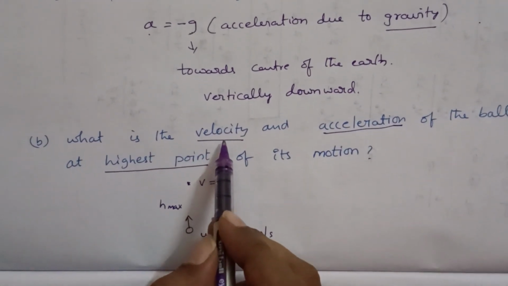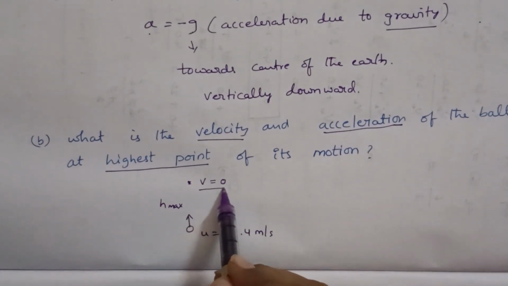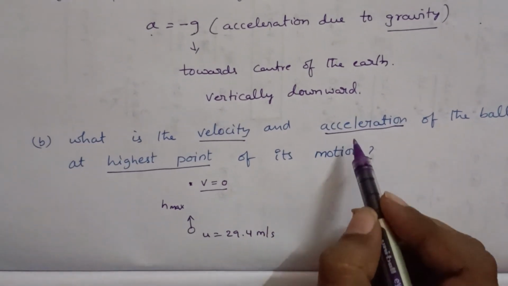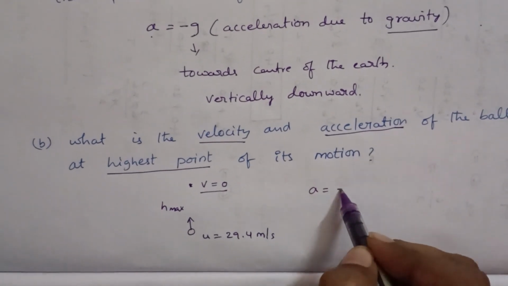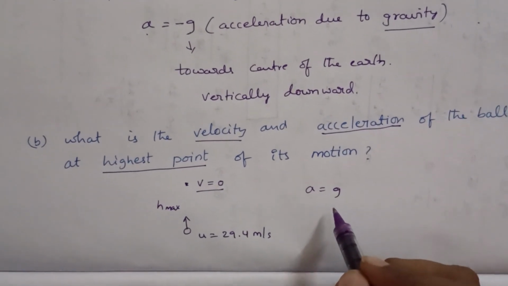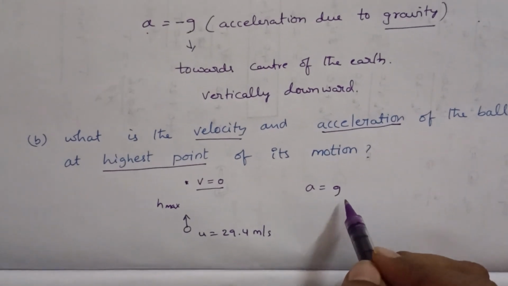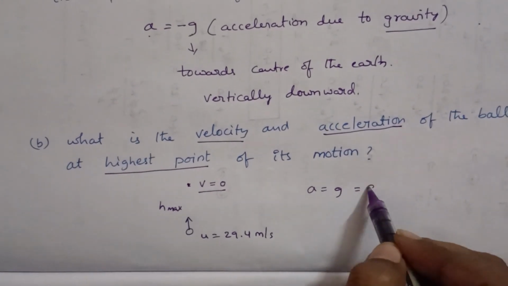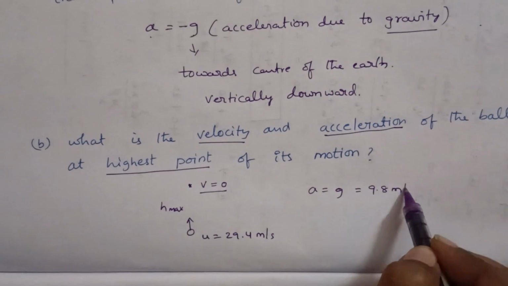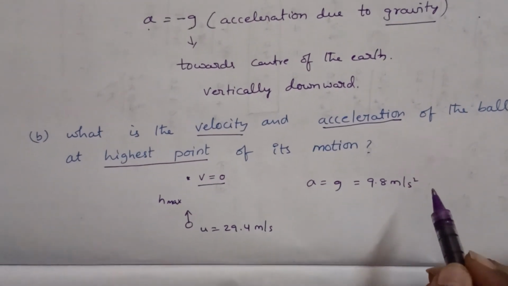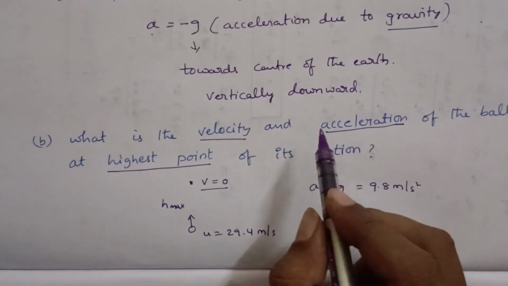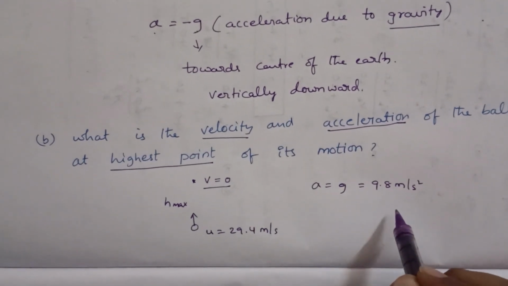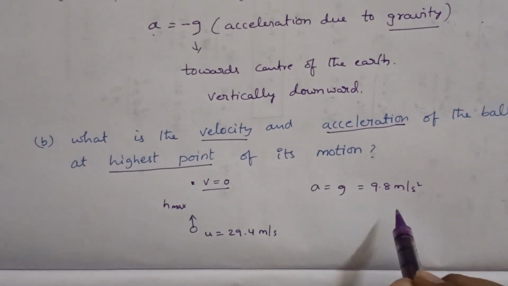So what is its velocity at the highest point? 0. And acceleration a is always equal to g, the acceleration due to gravity, nearly 9.8 meters per second square. As in the previous question, it is acting vertically downward.